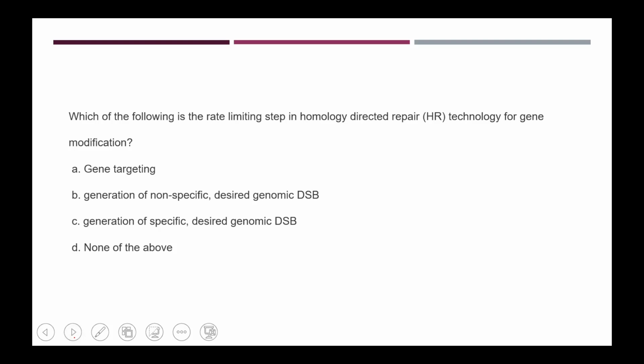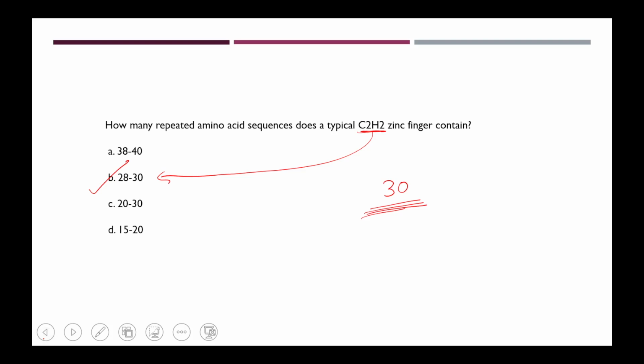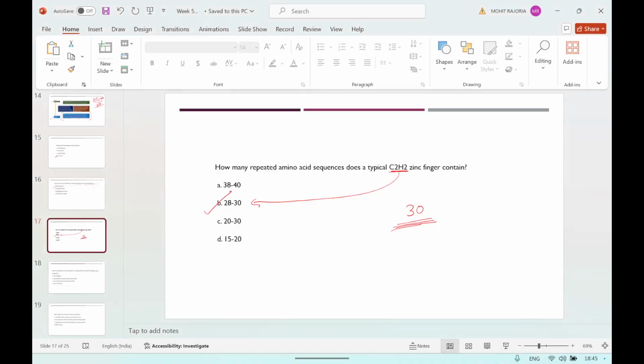Which of the following is the rate limiting step in the homology directed technology for gene modification? Okay, let me first tell you this. In the last class, we discussed homologous recombination, right? Where you exploit the homologous recombination machinery to make a desired modification at your genomic locus.